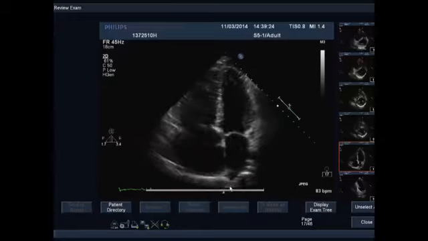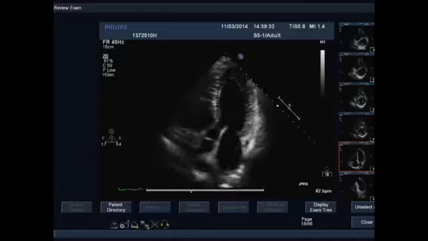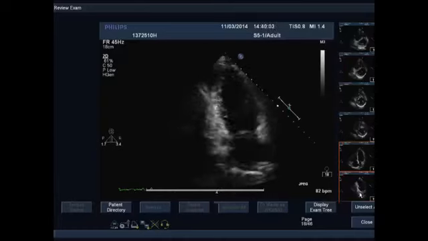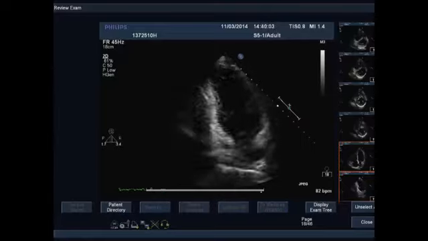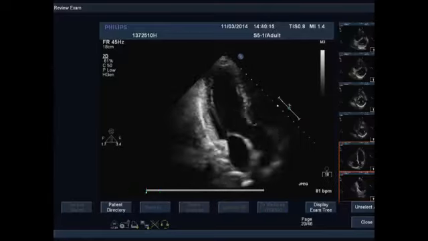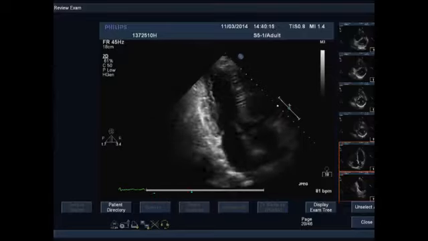In patients with pulmonary hypertension, it is important to have a detailed examination of the left ventricle from the 5-chamber view, from the 2-chamber view, and also from the 3-chamber apical view in order to assess its systolic function.